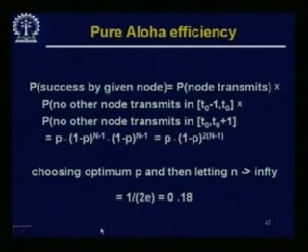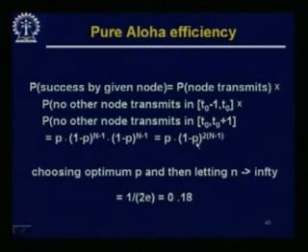What will the efficiency be like? Probability of success by a given node is equal to the probability that the node transmits, multiplied by the probability no other node transmits in T0 minus 1 to T0, multiplied with the probability that no other node transmits in T0 to T0 plus 1. So, this is p into (1 minus p) to the power n minus 1 into (1 minus p) to the power n minus 1, once again both of them.